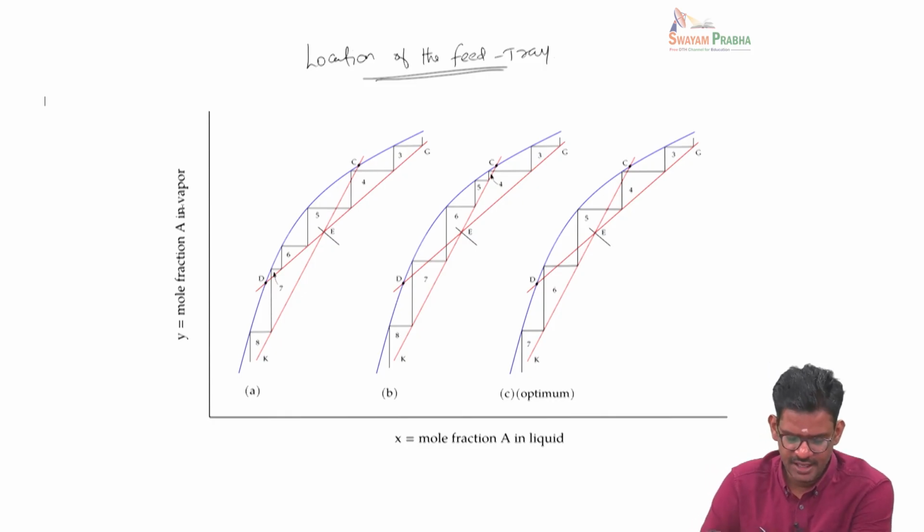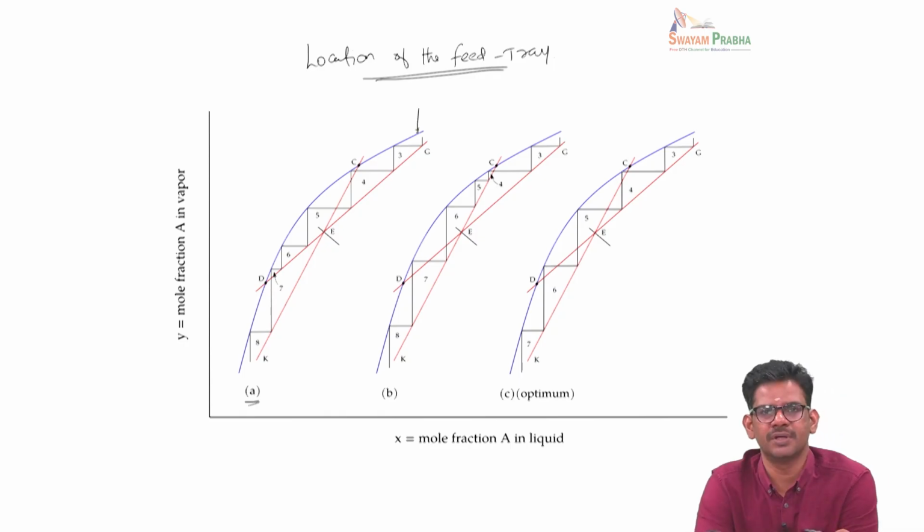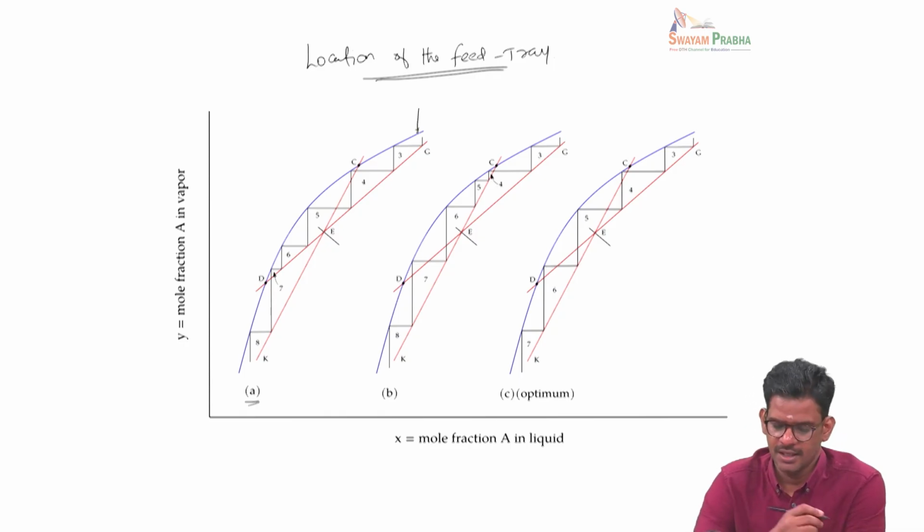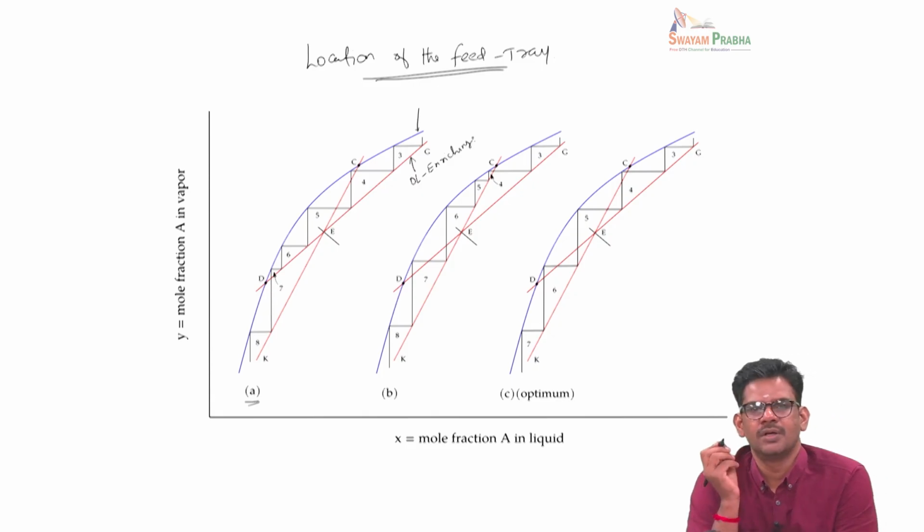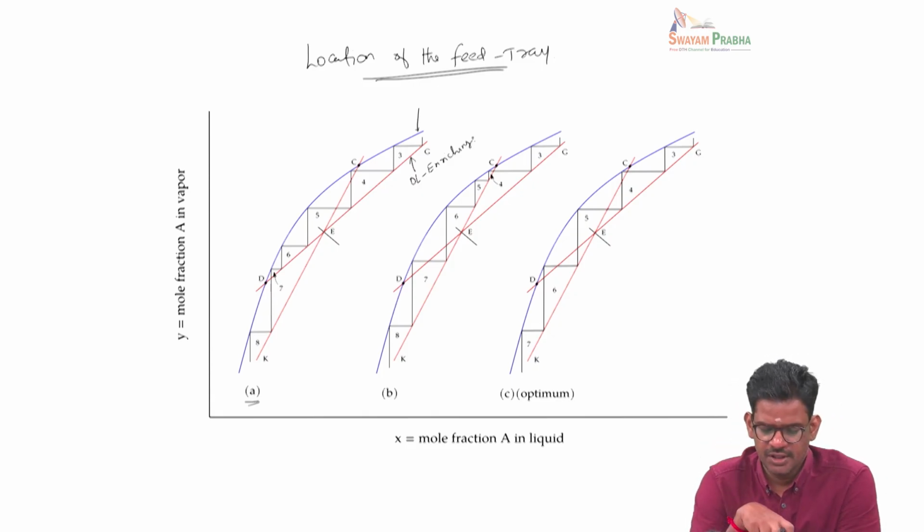In this figure A, the blue line corresponds to the equilibrium line, and this red line corresponds to the operating line of the enriching section. This particular enriching operating line will be fixed the moment we fix the distillate composition XD and the reflux ratio.